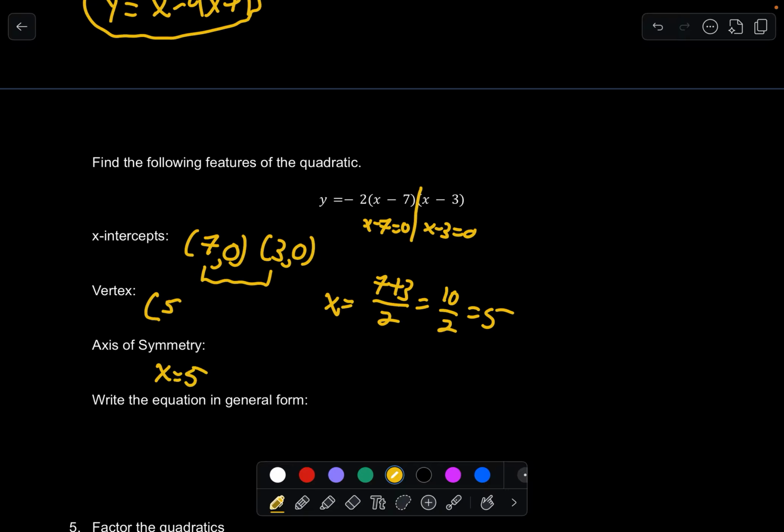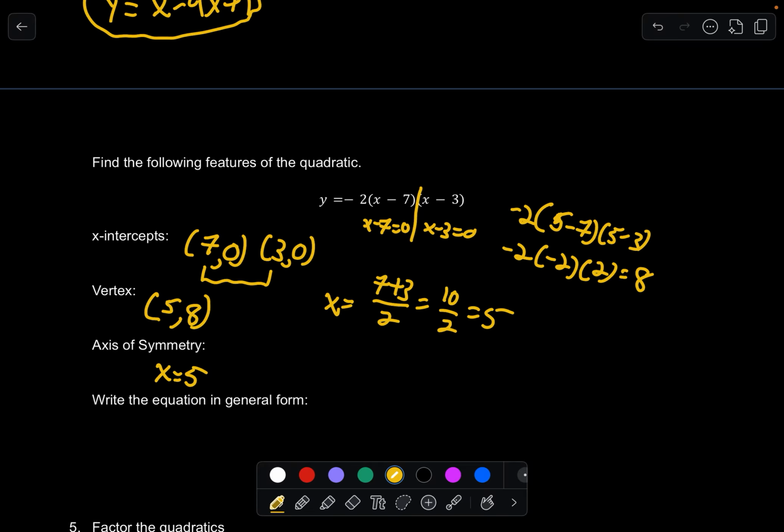And now plug in 5, you get negative 2 times (5 minus 7) times (5 minus 3). So that's negative 2 times negative 2 times 2. Negative times a negative is a positive, so you get a positive 8. All right? So y is 8. So the axis of symmetry is x equals 5, and the vertex is at (5, 8).